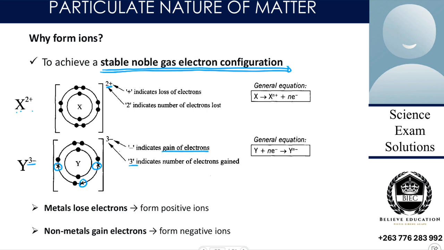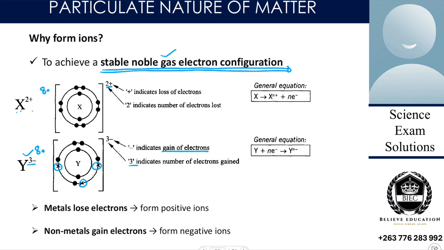We put it in brackets and write that it gained, 3 minus. So you can see that from this we have 8 electrons in the outermost shell, and from this also 8 in the outermost shell. This one with 8 is what we call a noble gas configuration. Are we together?